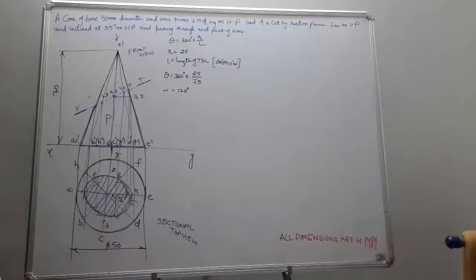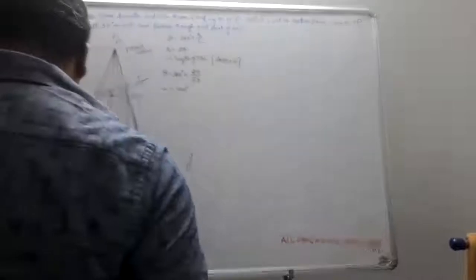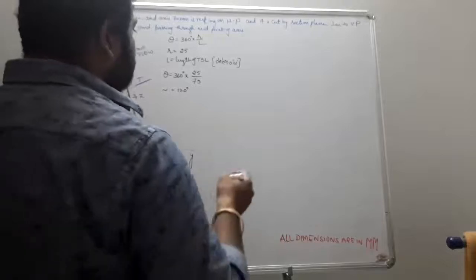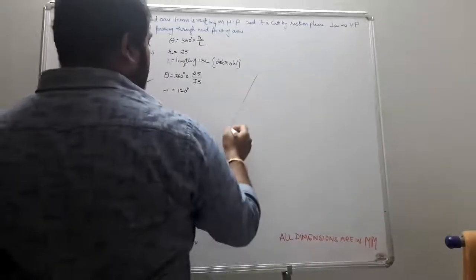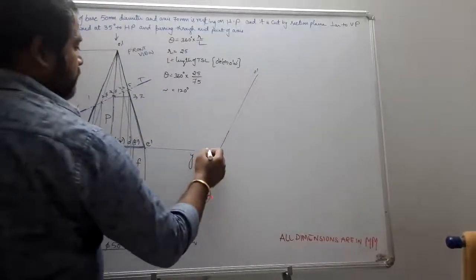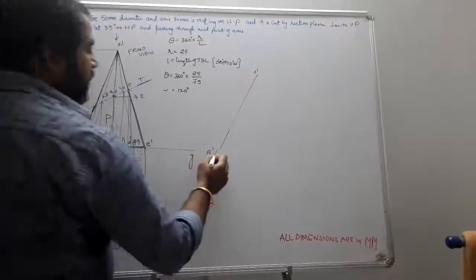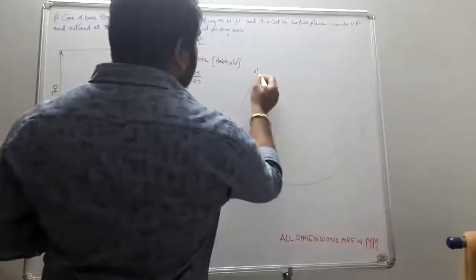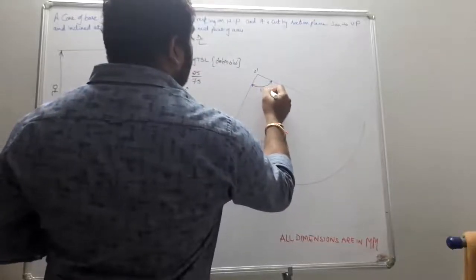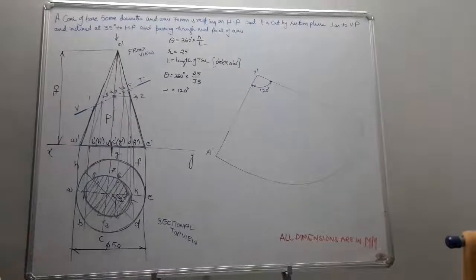First, draw a line of true slant length. Consider this O dash, and this A dash. Draw an arc and close this sector such that theta is equal to 120 degrees. Now how can we divide this 120 degrees into 8 equal divisions? We already know, by the angular bisector method.